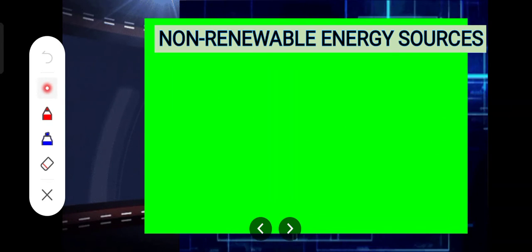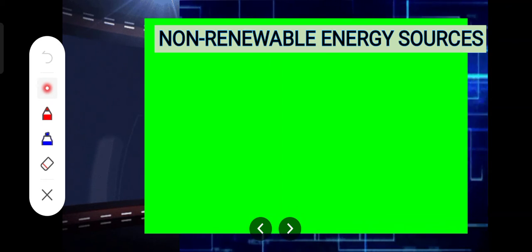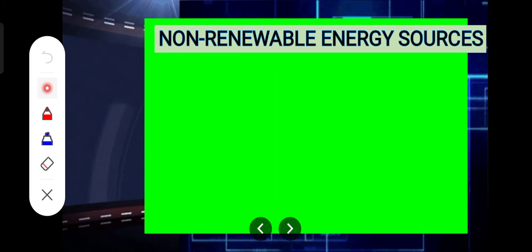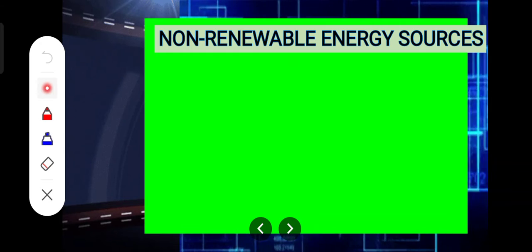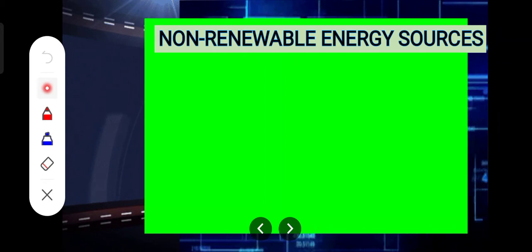Next, we also have here non-renewable sources. These are natural resources that cannot be readily replaced by natural means at a quick enough pace to keep up with consumption.